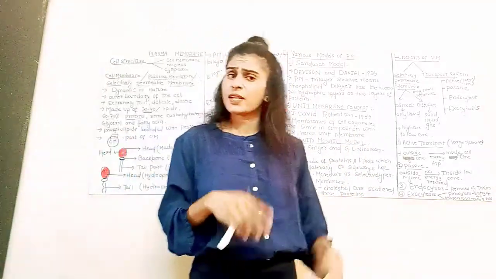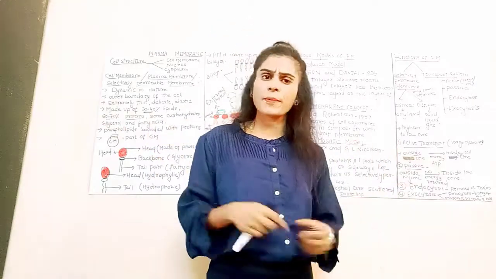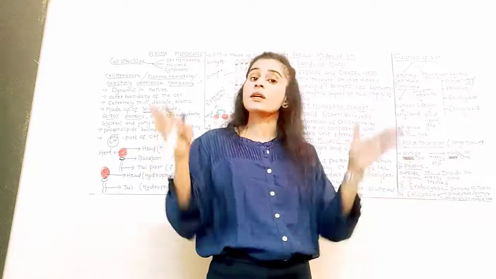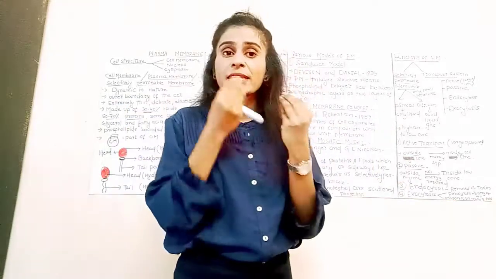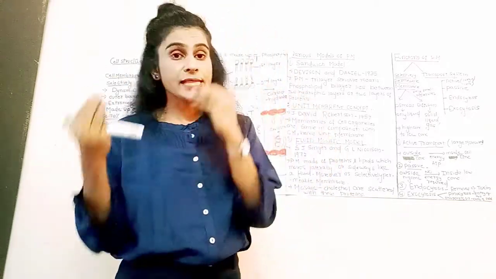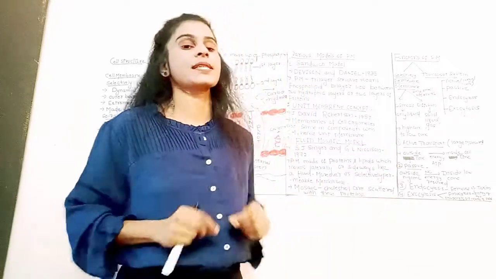The first one is the selectively permeable membrane. We know that selectively permeable membrane means it won't allow everything to move in and out of the cell. Whatever materials move in and out of the cell through a selectively permeable membrane need to be smaller in size.